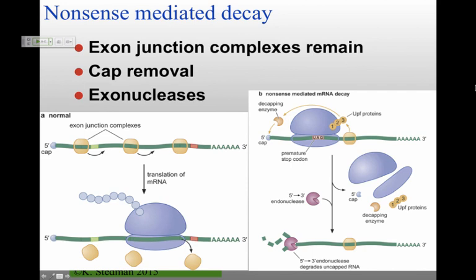And what happens is this signals the enzymatic process to get rid of this RNA. This RNA has got a stop codon in the wrong place before you get to the last exon. There are two things that happen. The first one is called a decapping enzyme. So it goes to the 5' end, chews in at the cap.